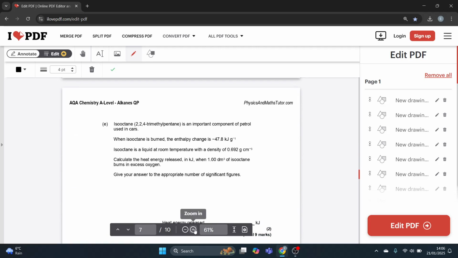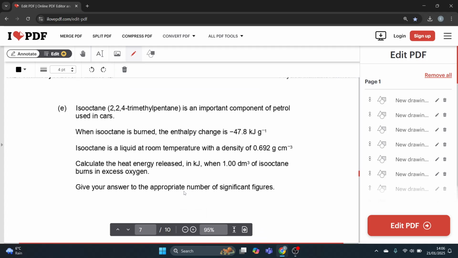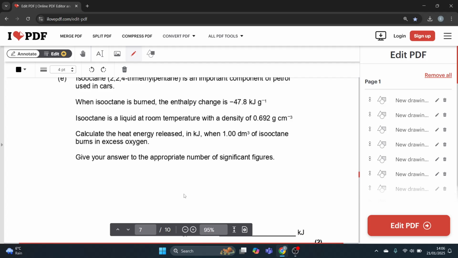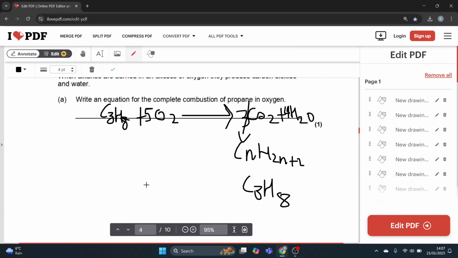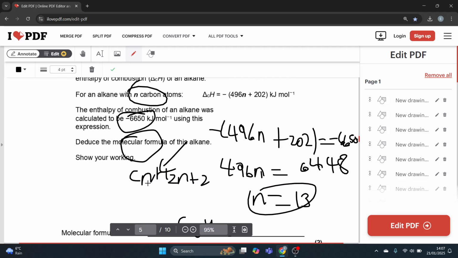Part E says, calculate the heat energy released when this much burns in excess oxygen. So heat energy released. So what I'm going to use is Q equals mc delta T. But I don't know the temperature rise, do I?